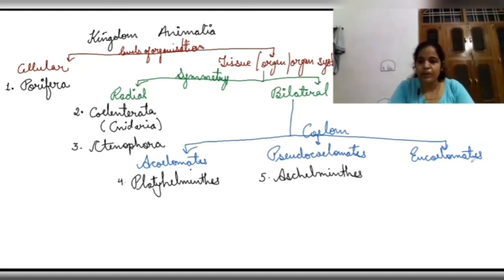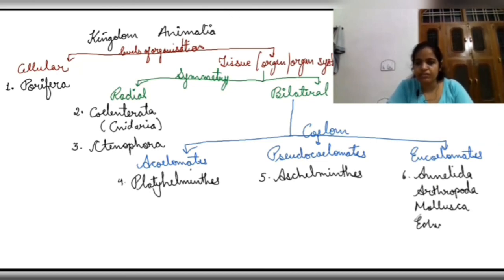Then starting with Annelida, means number 6, Annelida, then we have Arthropoda, then we have Mollusca, then we have Echinodermata, then we have Hemichordata, and the last one we have is Chordata.